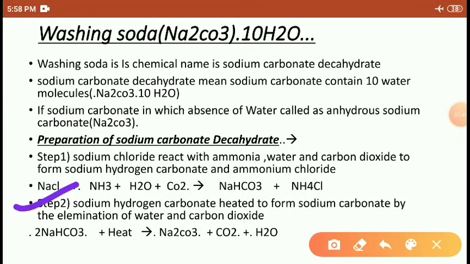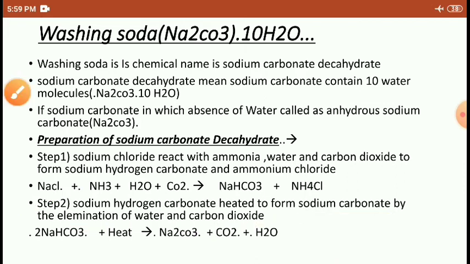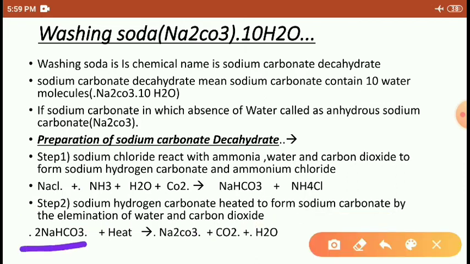Step 2, sodium hydrogen carbonate is heated to form sodium carbonate by elimination of water and carbon dioxide. Look at it, students. We are heating here. So the heat is on the left hand side. Heat on the left hand side means it is an endothermic reaction.